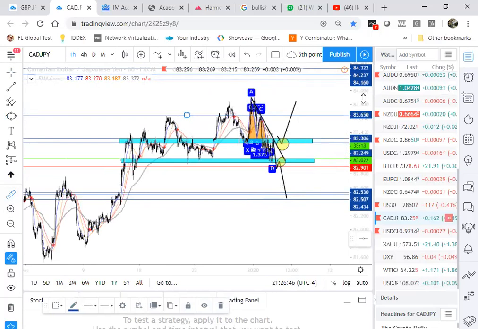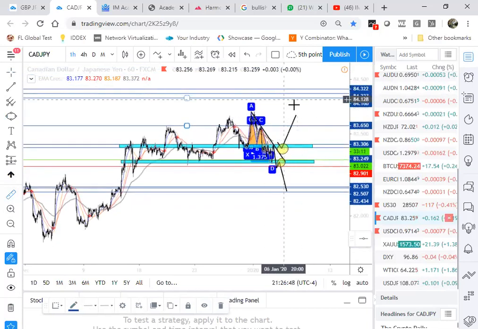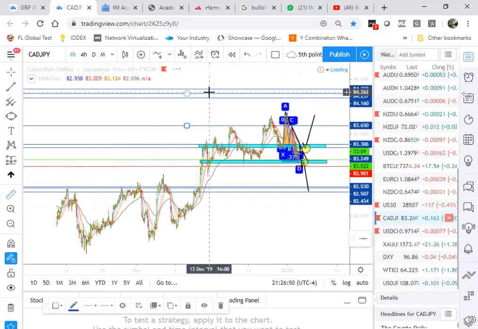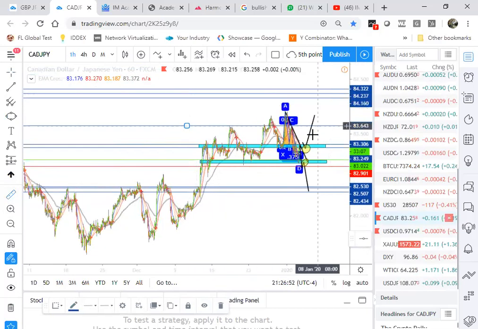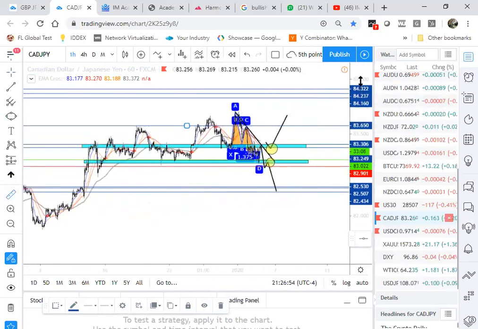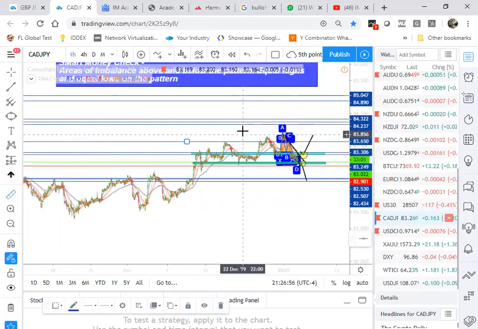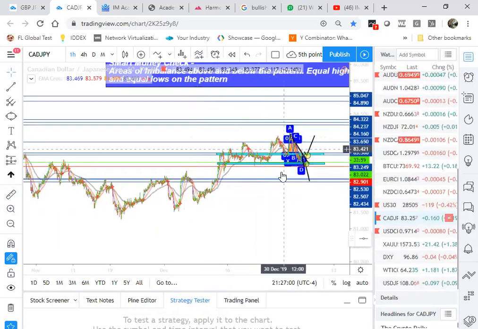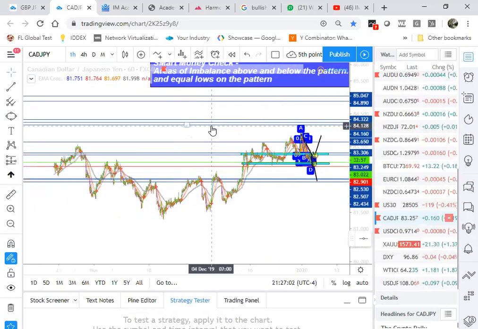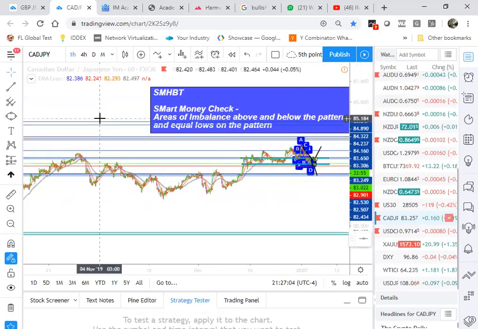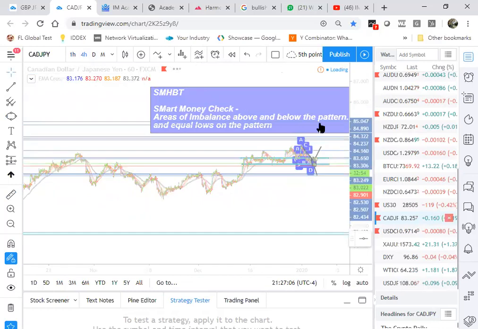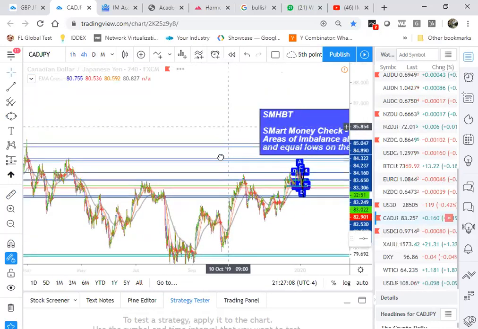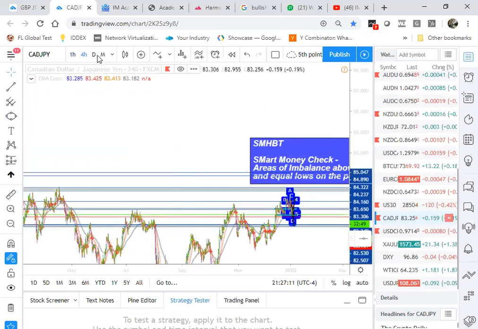And because we have this previous imbalance area that was balanced, I'll be looking for price to possibly go higher up to this higher area of imbalance, right? I may run a Fibonacci, for example, to see how relevant this area of imbalance is to the overall chart.